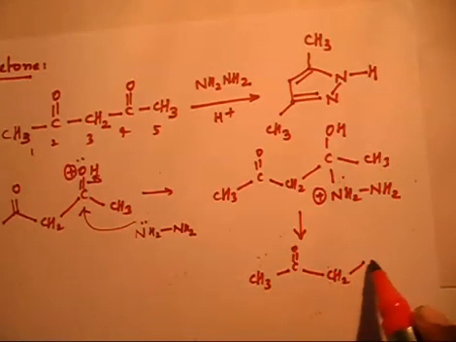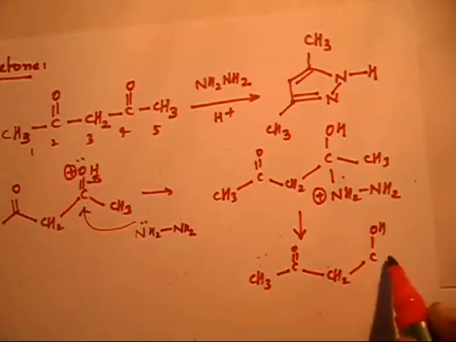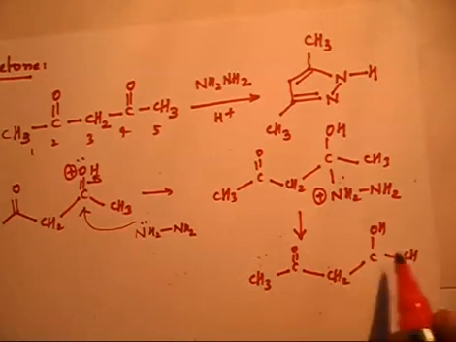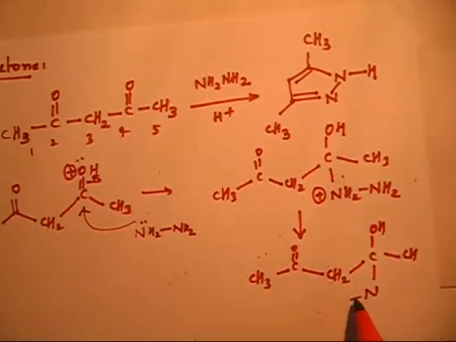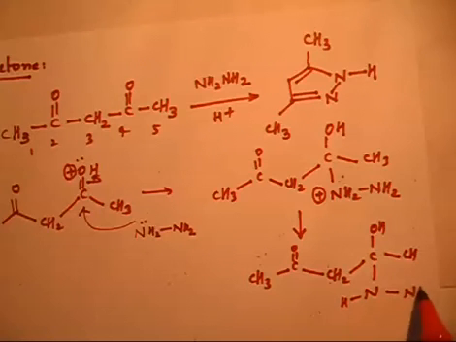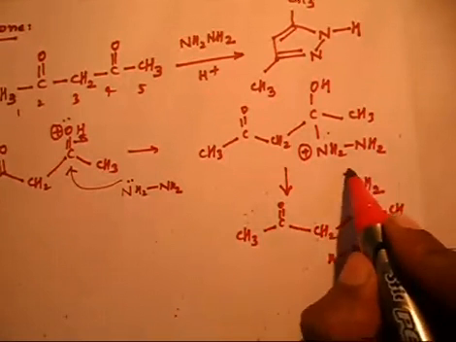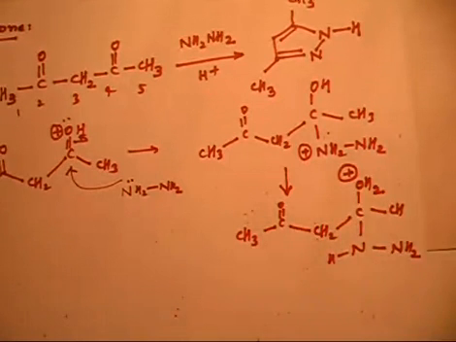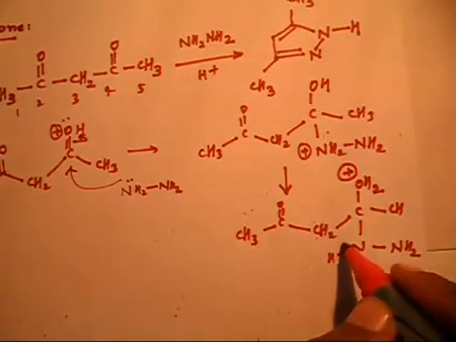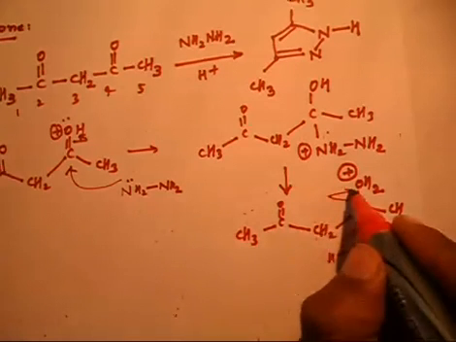This mechanism is so simple. If you remove H plus from here, you will have NH double bond, NH single bond, NH2. Now in the next step, you protonate this OH, making OH2 plus, and you remove 1 H plus from here.